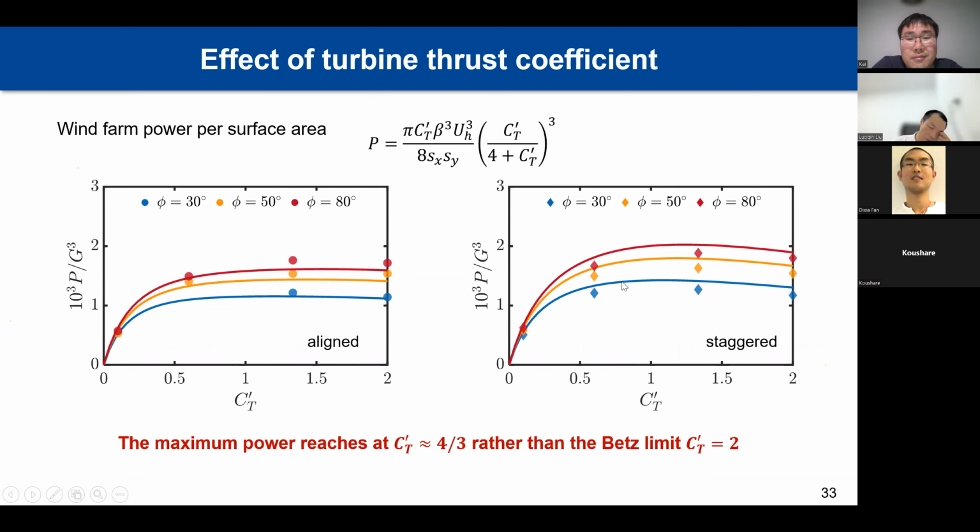This phenomenon is very important because it indicates that the maximum power output is reached at a CD prime value different from the Betz limit. Thus, when we want to optimize the wind farm power output, we should optimize the wind farm as a whole, not each single turbine.